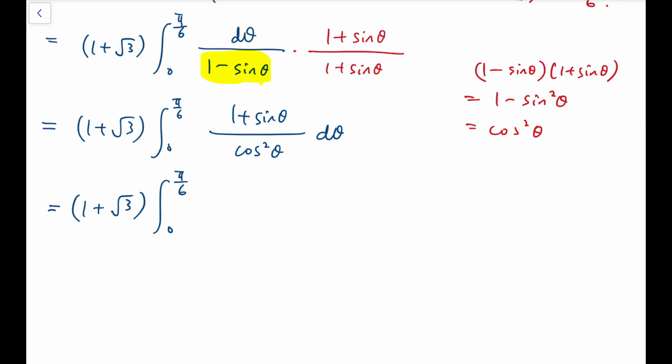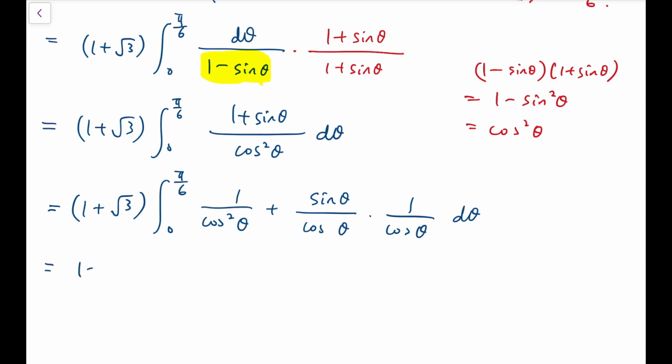It becomes 1 over cosine squared plus sine squared over cosine squared. I can rewrite that as sine over cosine times 1 over cosine.